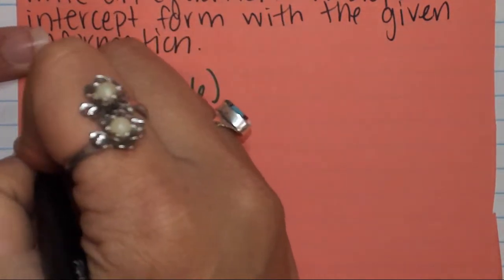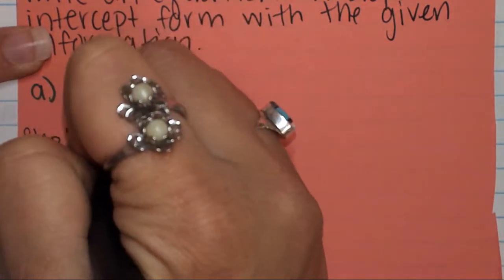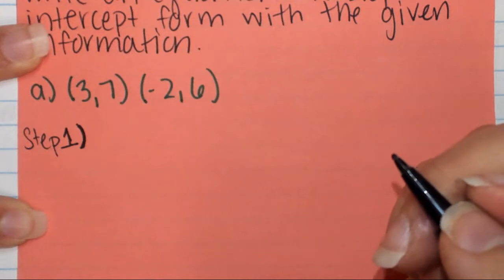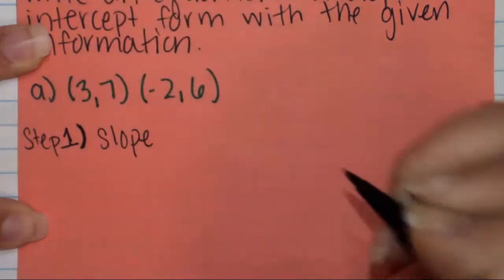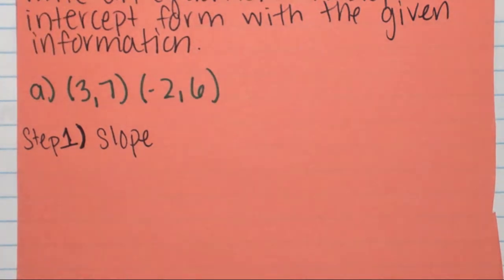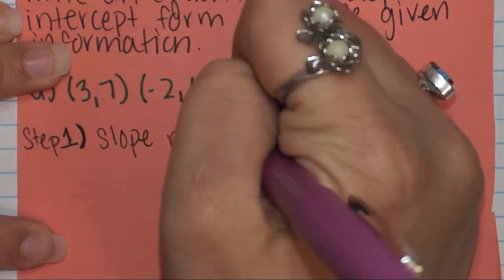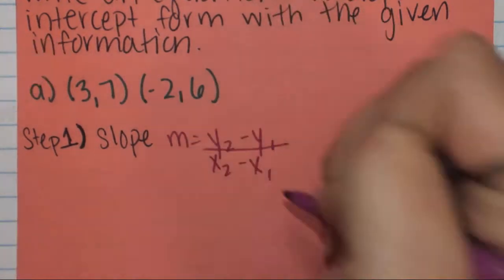Step 1. Breathe. Okay. Step 1 is slope. Alright, so the slope formula is y2 minus y1 divided by x2 minus x1.